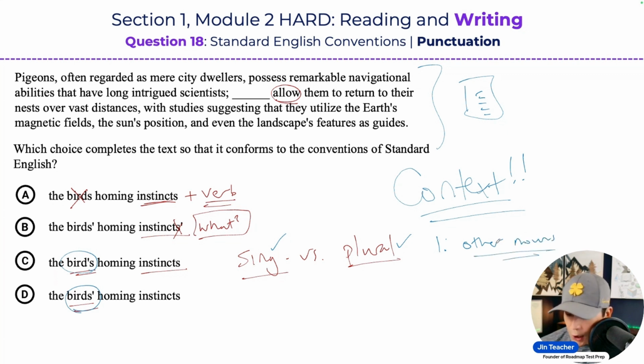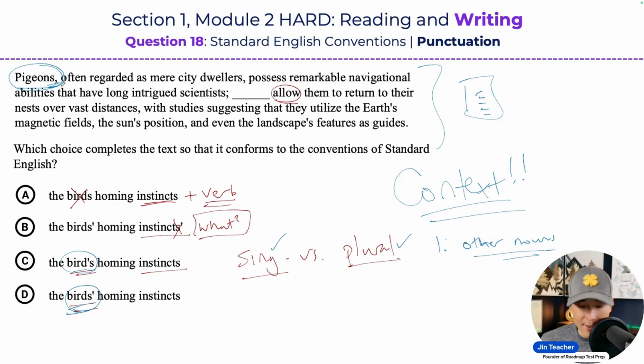What I mean is you're looking for other nouns that refer to the birds. You're trying to see if these other nouns use the birds in a plural sense or in a singular sense. So if you look at the passage here, it says pigeons.